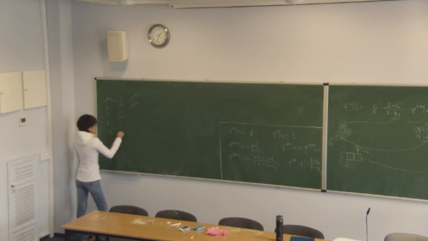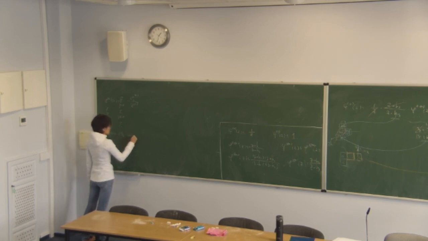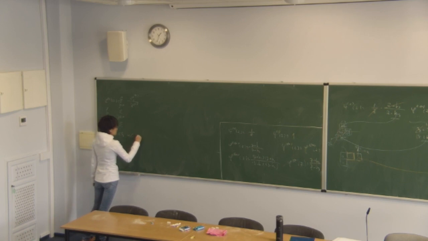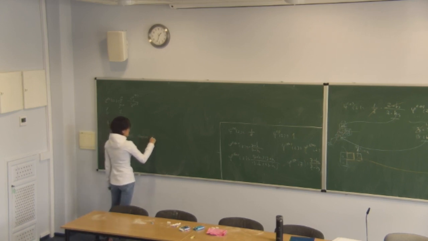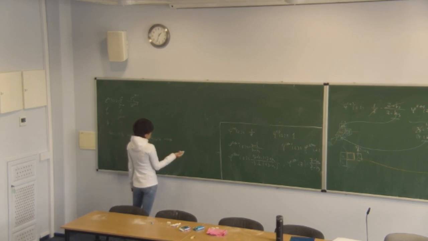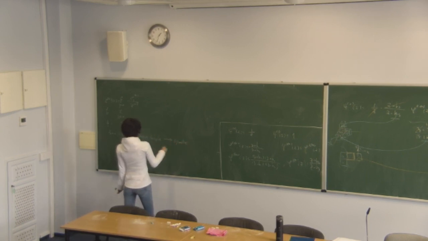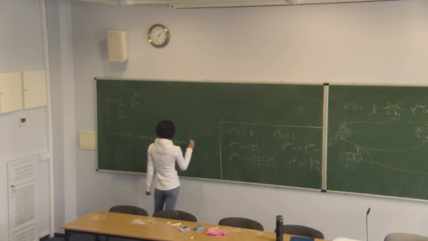So for the Calabi-Yau 3 without compact four-cycle, the quiver will be symmetric. So that means that this mode expansion is bounded from below.